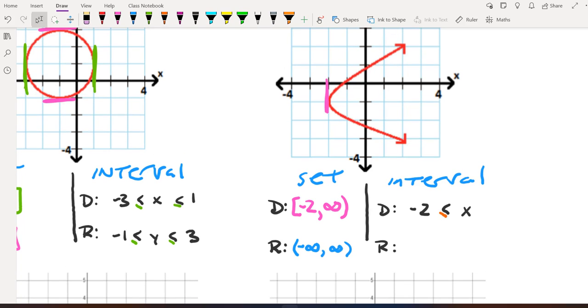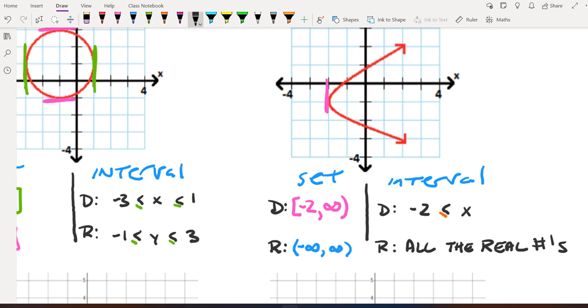What we say, instead of saying negative infinity to infinity, is the phrase, all the real numbers. Okay? All real numbers. So that's a way of saying negative infinity to infinity.